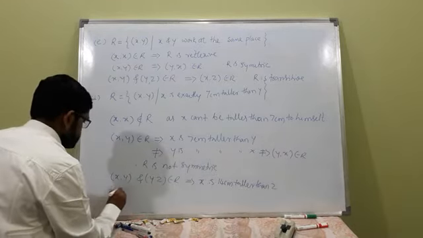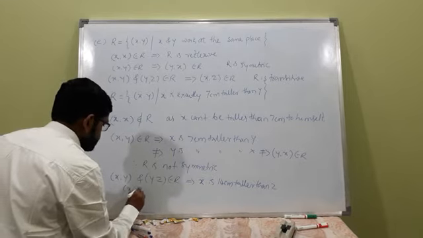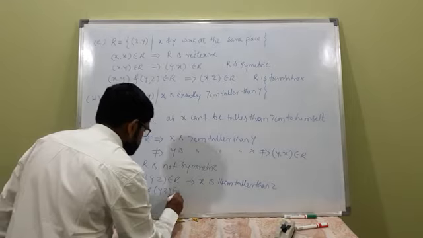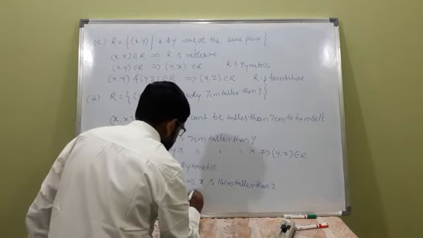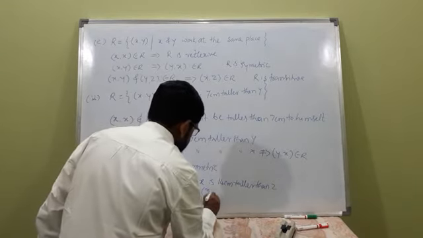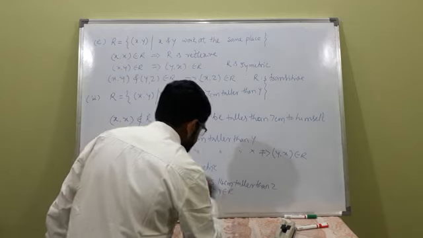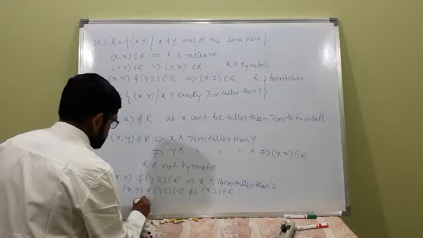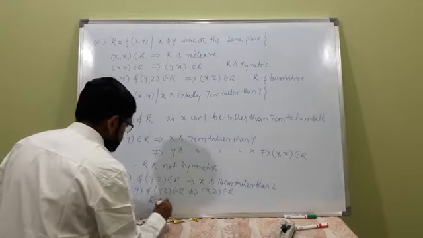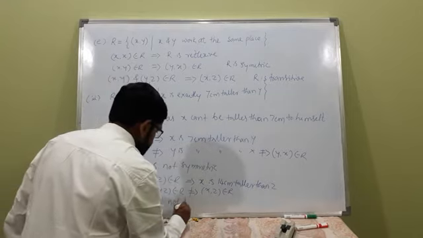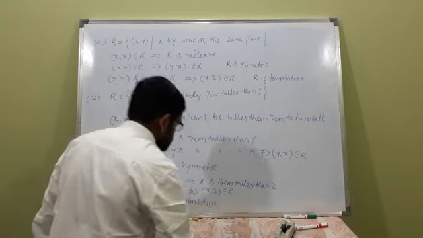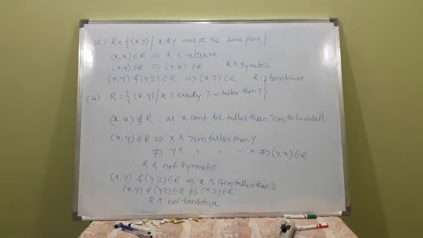Therefore (x, y) and (y, z) belonging to R does not imply (x, z) belongs to R. Therefore R is not transitive. Okay, you got it?